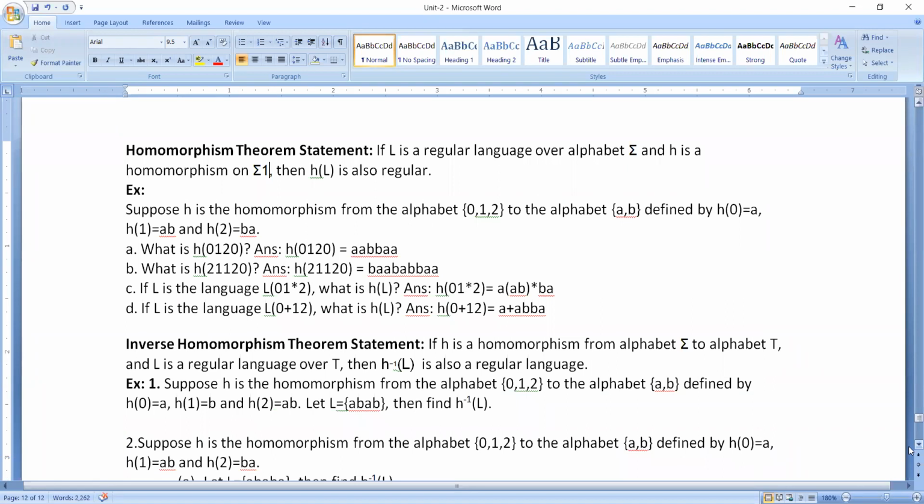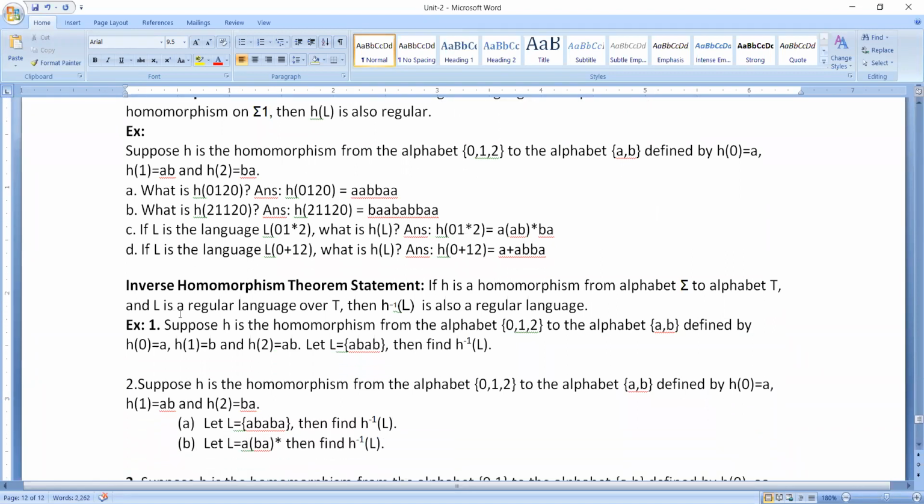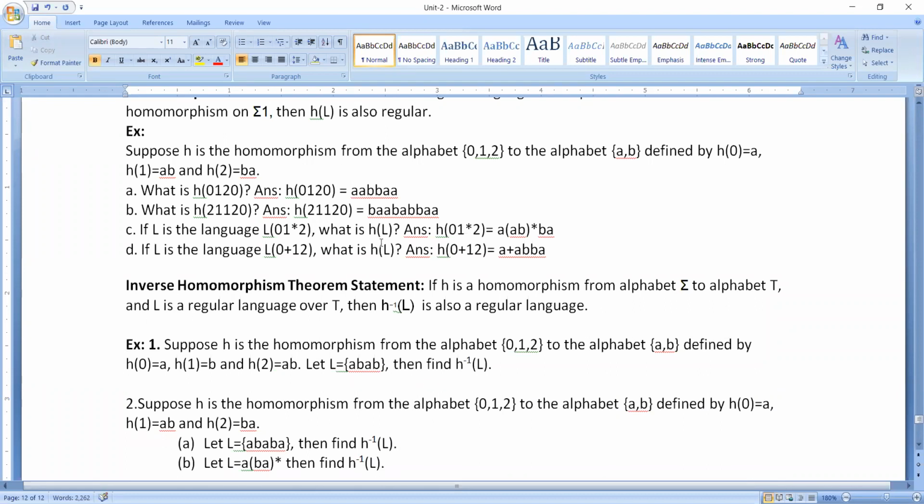Now we go for the second one, which is the inverse homomorphism. It is the same as the homomorphism function, but we perform the reverse.